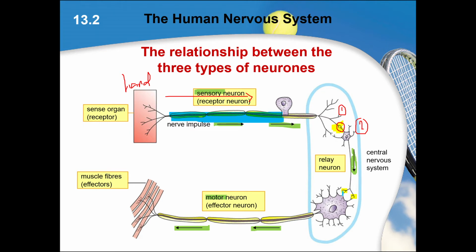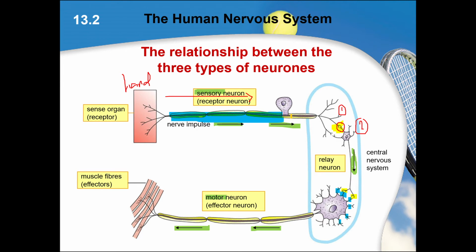So you can see that if you are using that definition and you try and look for dendrons here, you'll hardly find any because the cell body is right at the start of the motor neuron. So dendrons are actually really, really short in the motor neuron, as I've highlighted in blue. Now I'm going to highlight to you in orange the axons for the sensory neuron.